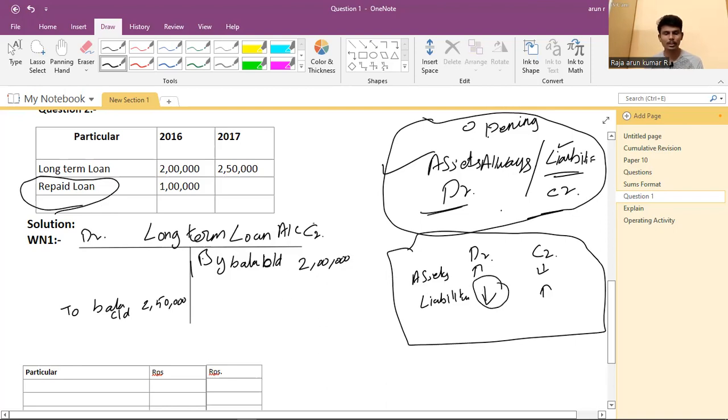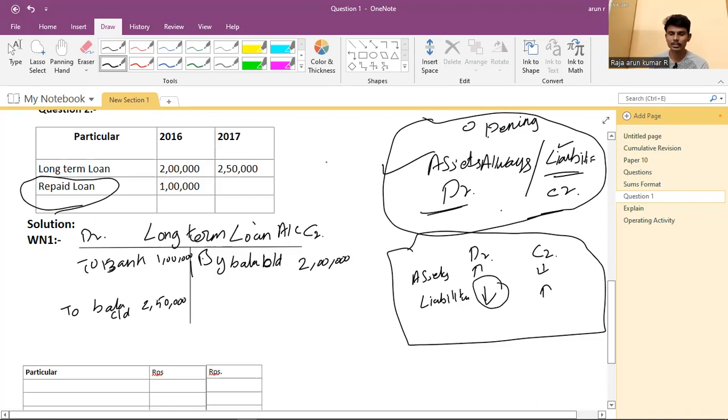The long-term loan account is a liability account, so debit it. Come to the ledger and credit it to bank, rupees 1 lakh. Like that you apply the logic accordingly in both ways.